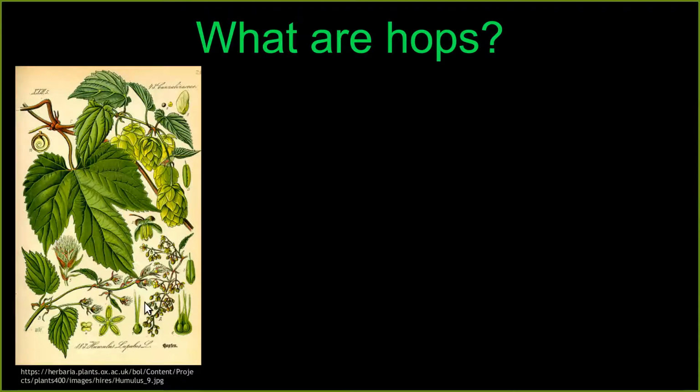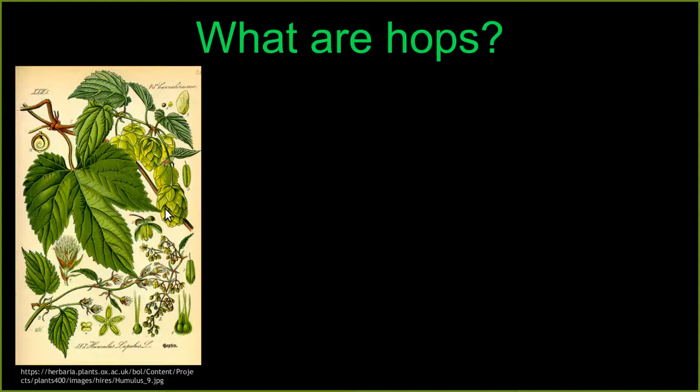The male flowers you can see down here are smaller, and the female flowers are bigger, and these are called inflorescences, compound flowers. Each one of these structures actually contains multiple flowers. And these flowers are also called hops. In English, in German it's Hopfen, Turkish Şerbetçiotu, in Greek it's Lykiskos, and in Chinese it's Jiuhua.